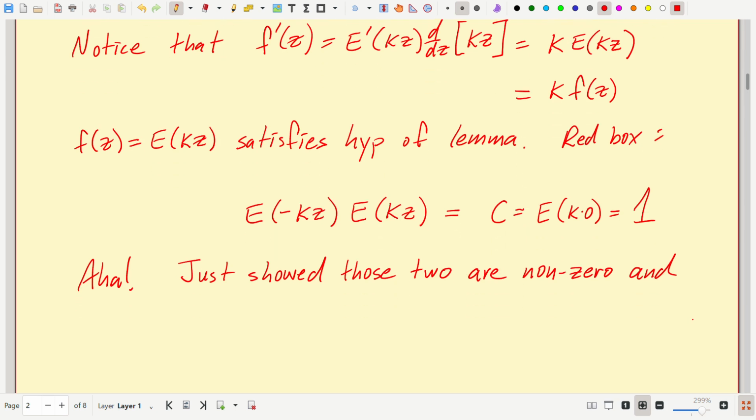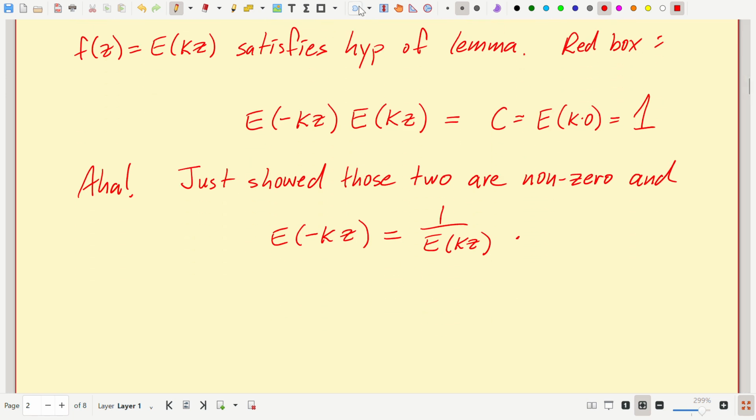And e to the minus kz is 1 over e to the kz. Okay, now I restart the proof. Back to the proof with my original f of z, which I don't know what the heck it is.